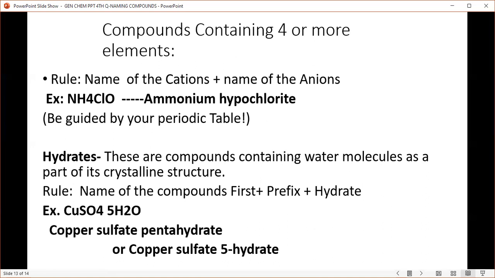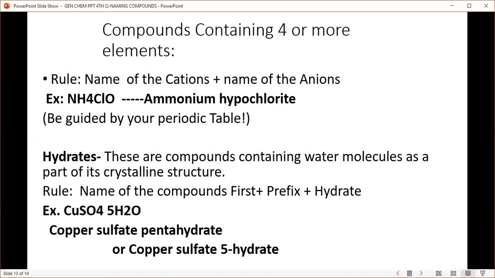We also have what we call hydrates. Hydrates also contain 4 or more elements. These are compounds containing water molecules as a part of their crystalline structure. The rule in naming hydrates: name the compound first, plus the Greek prefix that we had, and then simply put in hydrate.